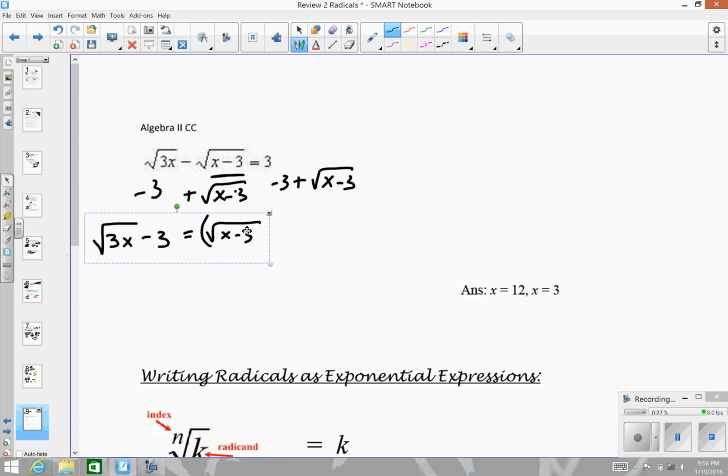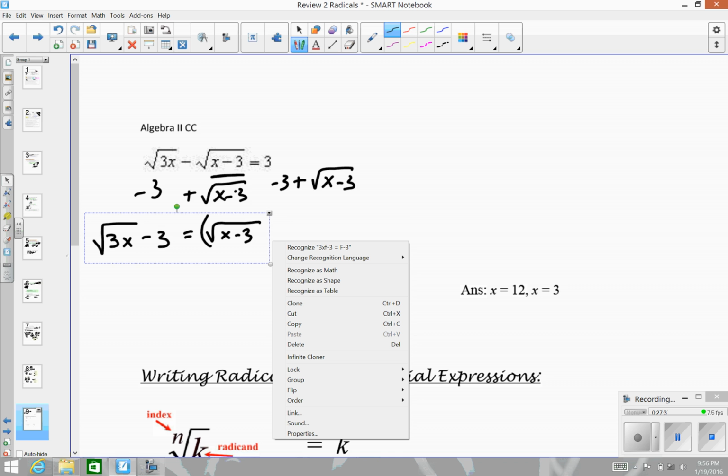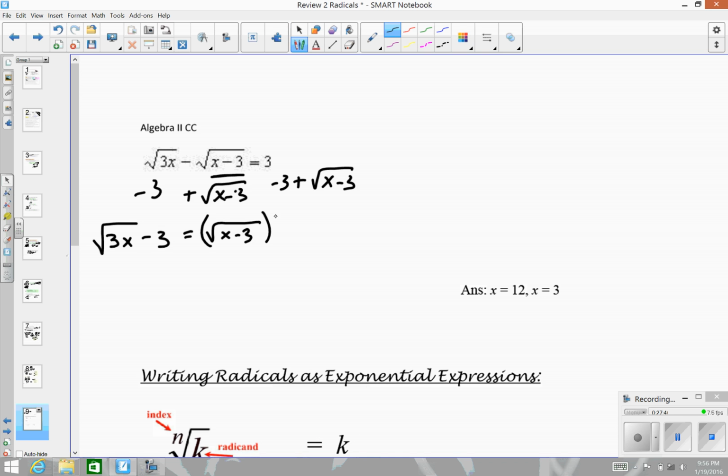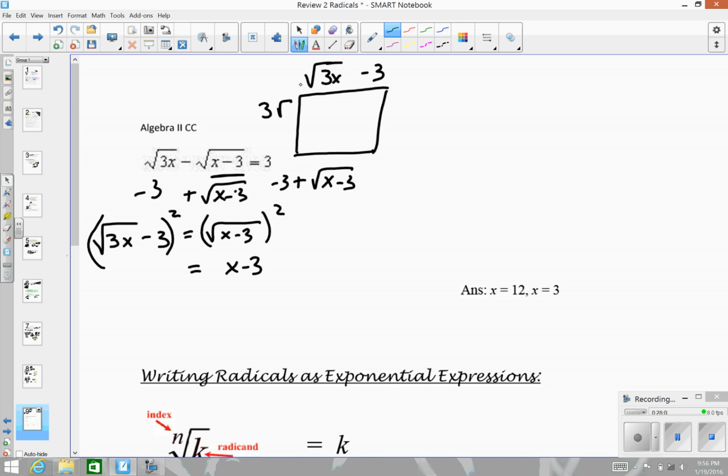Now remember, I take every term together as a side. Every term on the left here, two terms, I'm going to square that as a binomial. So on the right side, I'm just going to have x minus 3. But on the left side, I've got to take radical 3x minus 3 and multiply that by radical 3x minus 3.